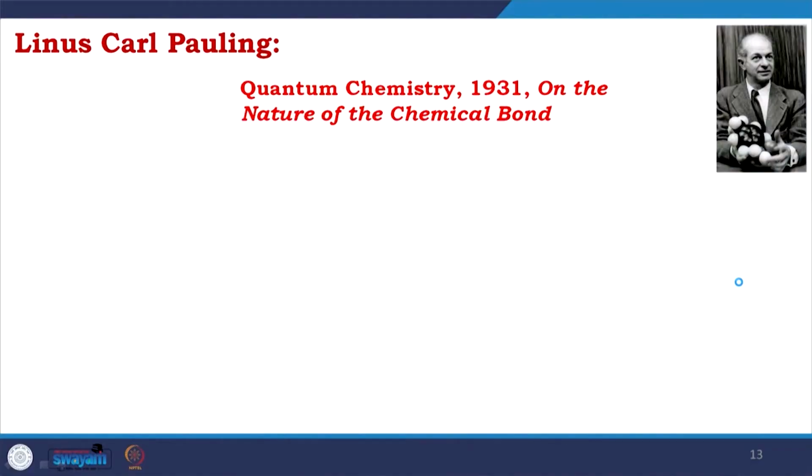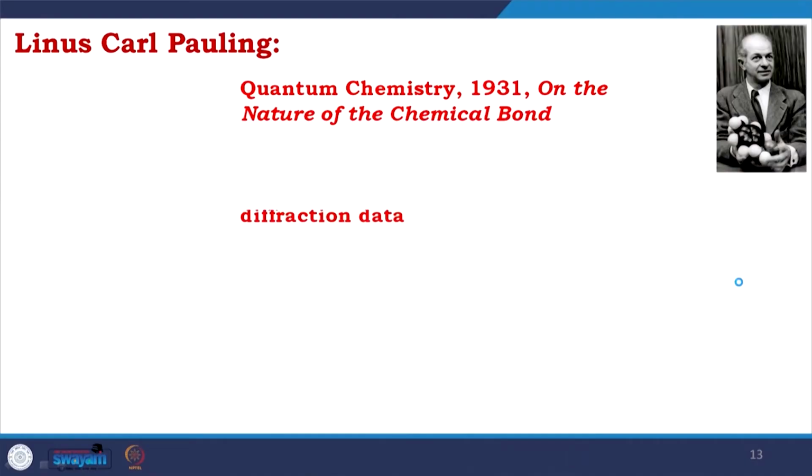In 1931, Linus Pauling contributed to quantum chemistry with his work on the nature of the chemical bond, where he talked about the improvement of valence bond theory as well as the concept of resonance.